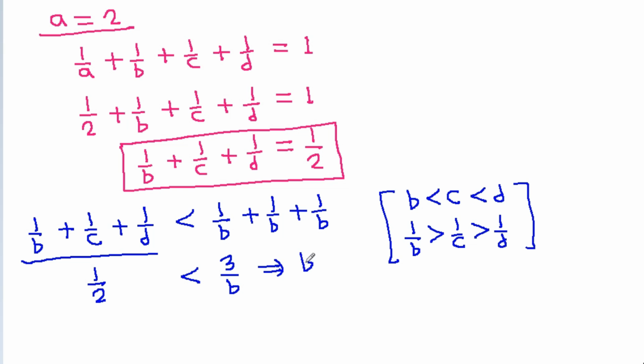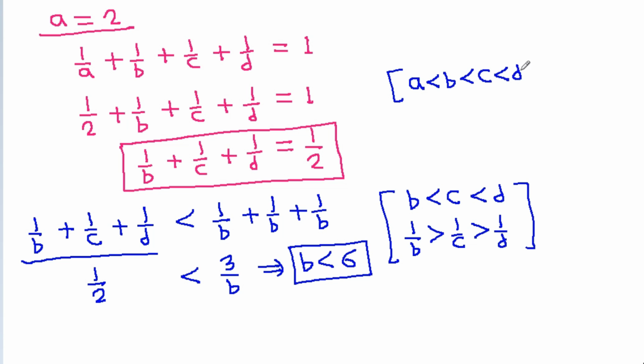That means b will be less than 3 times 2, that is 6. And a is less than b less than c less than d, and a is equal to 2. So b will be greater than 2, and b is less than 6. So b can be 3, 4 and 5.